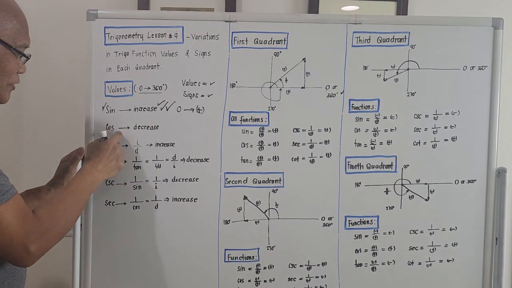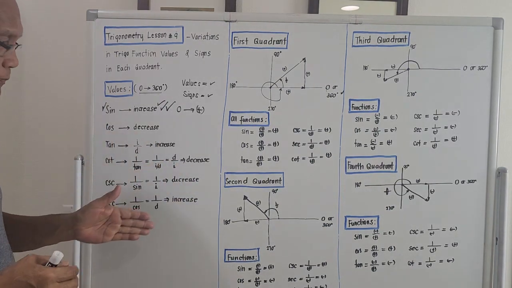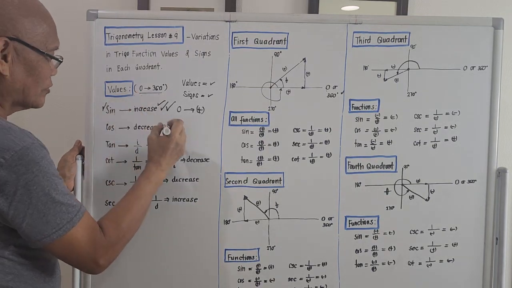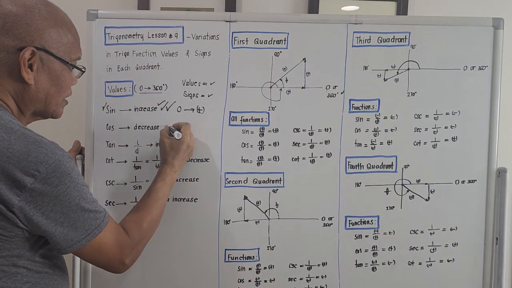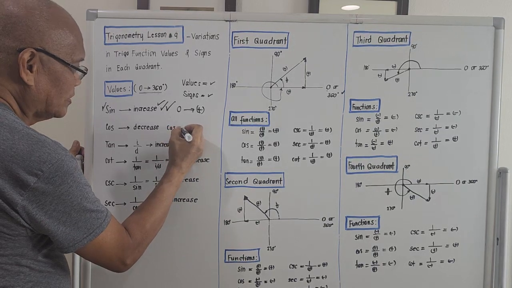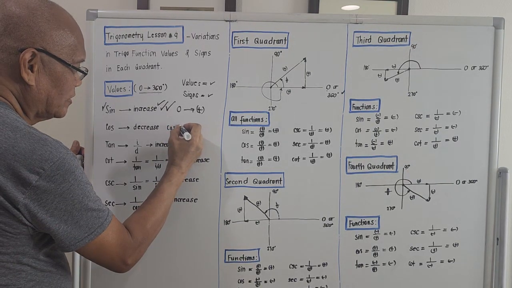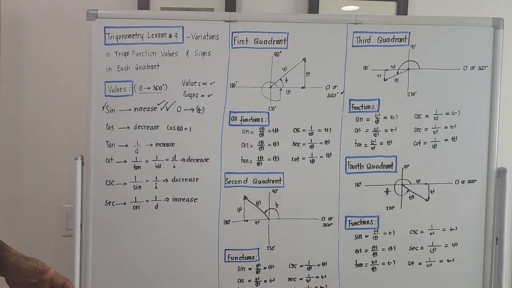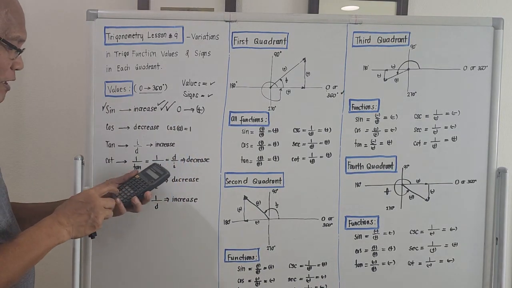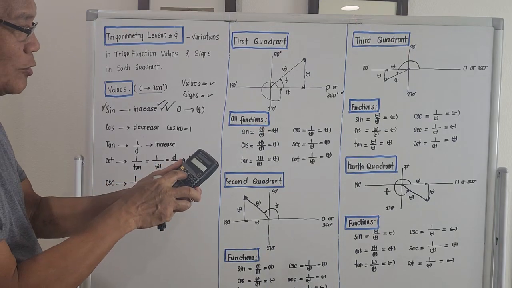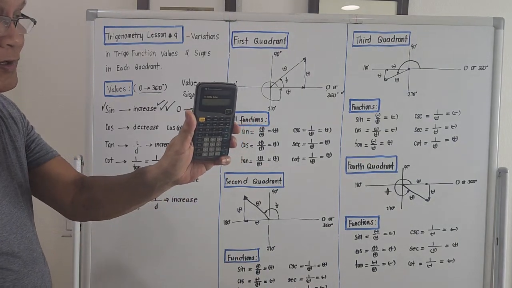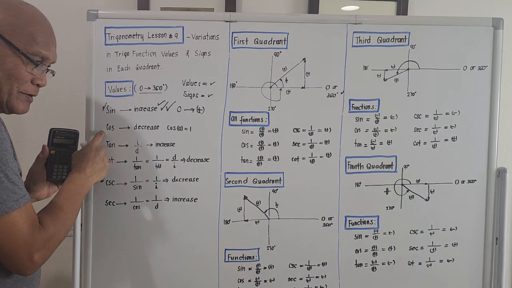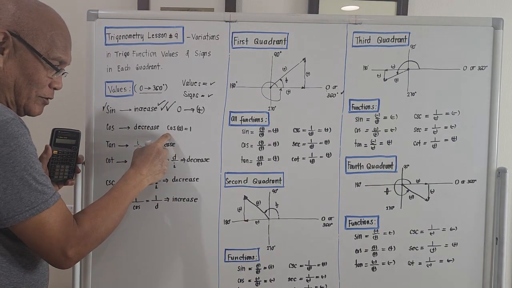For a cosine function, it's a different story. Because for a cosine function, if we start with 0, the cosine of 0 is actually equal to 1. If you punch 0 here and take the cosine, the value is 1. So for a cosine function, at 0, the value is 1.